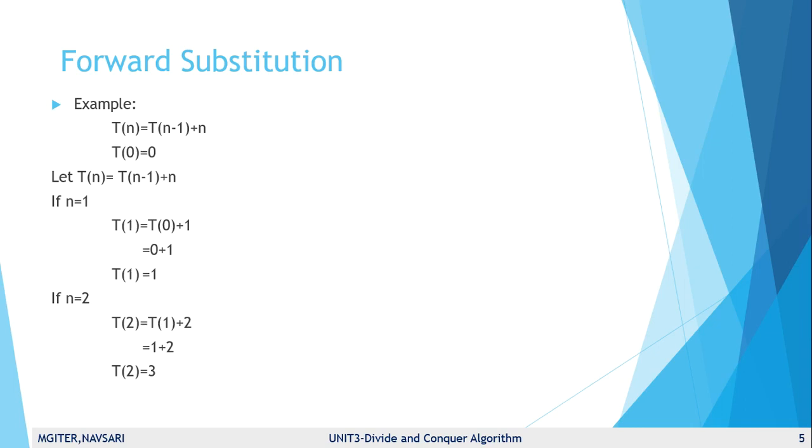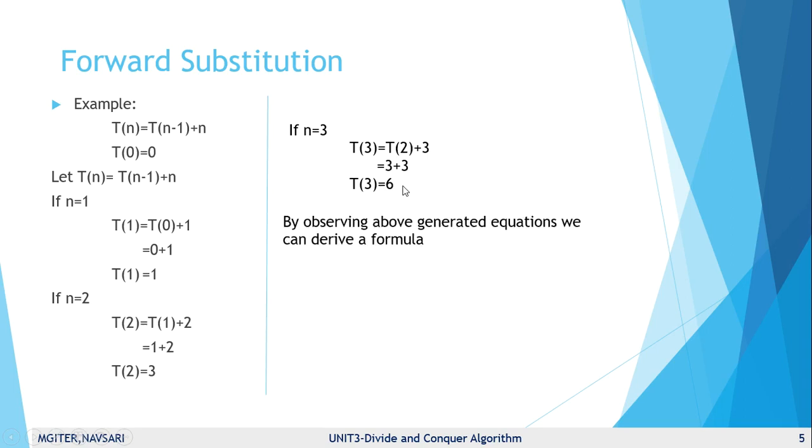Now we generate the next value for n equal to 3. T of 3 is equal to T of 2 plus 3. The value of T of 2 is 3, and 3 plus 3 is equal to 6. Now again, if n is equal to 4, then T of 3 plus 4. T of 3 is 6, and 6 plus 4 is equal to 10.